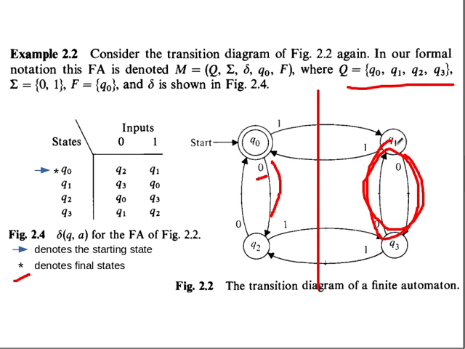If it sees an odd number of zeros, it will go here. But still, being here means it has seen only one 1. Then if it sees another 1, it will come back to this side.